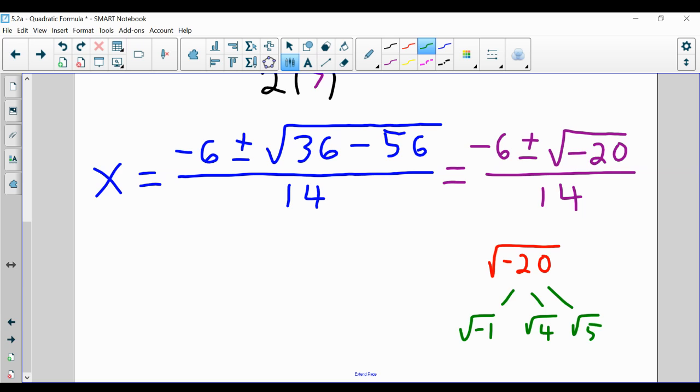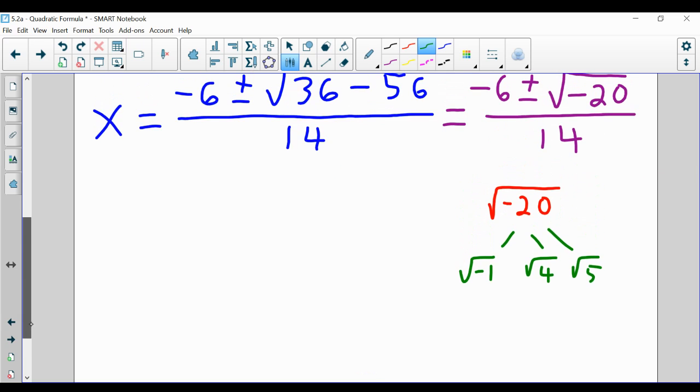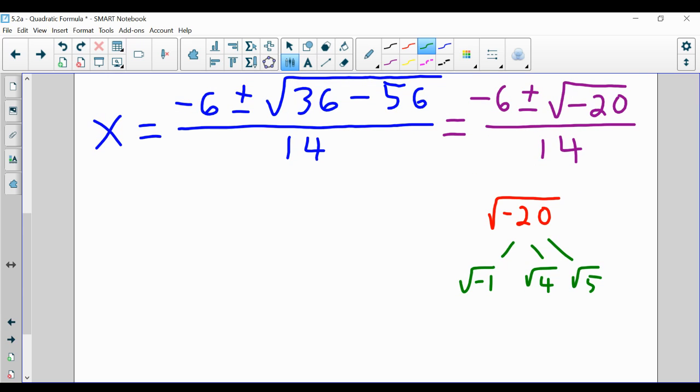So I'm just bringing it down to all three of those right off the bat. And I know that the square root of 4 is 2. And I know that the square root of negative 1 is i. So when I put this together, typically we'd write this as 2i root 5. I know, it looks crazy, right?